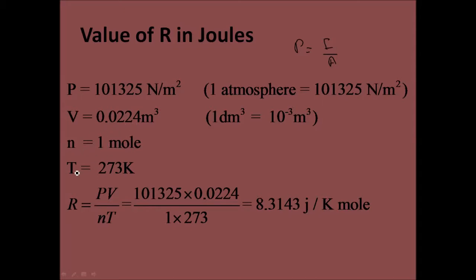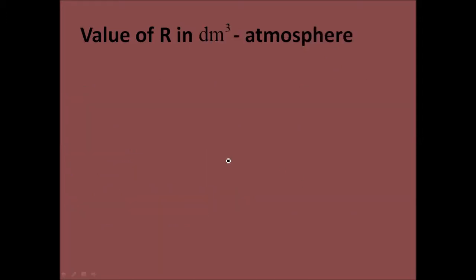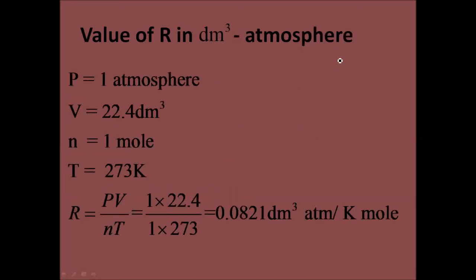For n equals 1 mole at standard temperature 273 Kelvin, we have the value of R. By putting all this in, we have this value of R, and the unit of R is joule per Kelvin mole. Similarly, we have the value of R in dm cube atmosphere.